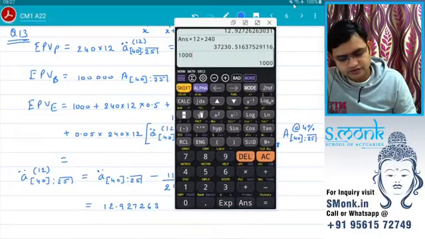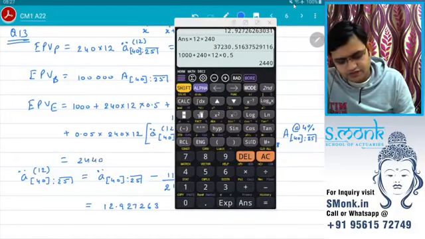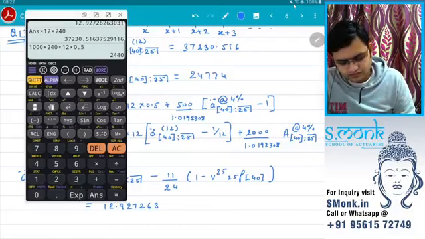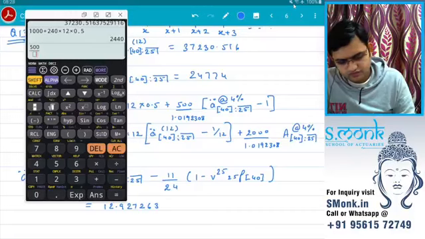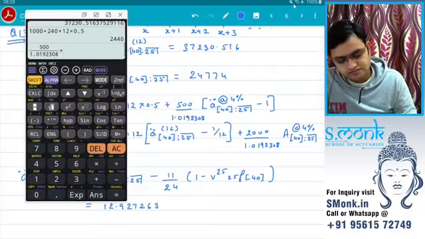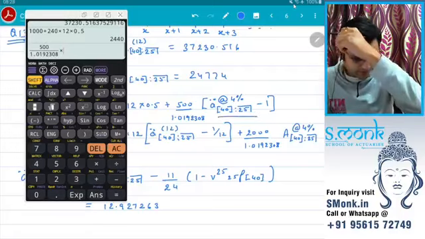So I'll have 1000 plus 240 into 12 into 0.5, 2440. This we'll calculate from the 4% table.